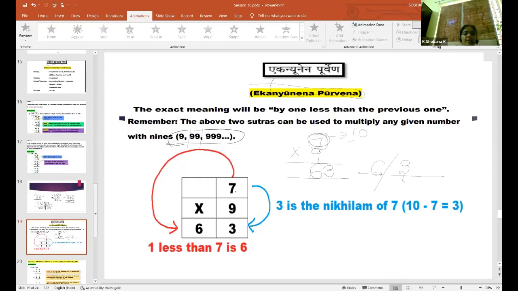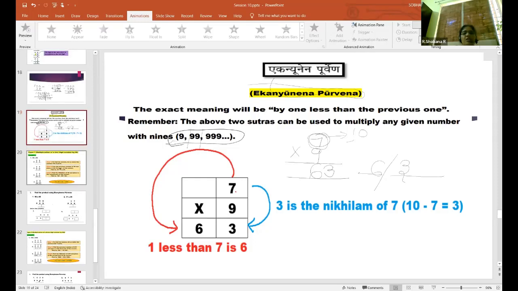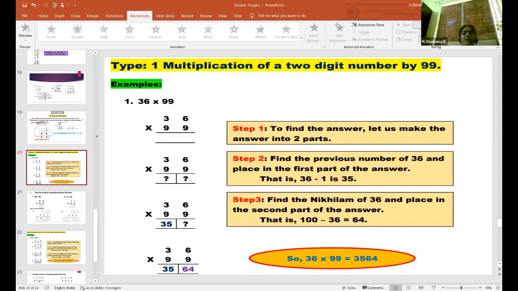You can understand it better when we do a 2-digit number, teachers. For example, see the sum here, 36 into 99. What is the base of 36? 100. So what is the Nikhilam of 36? 64.